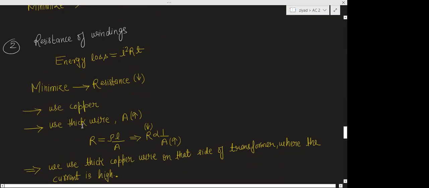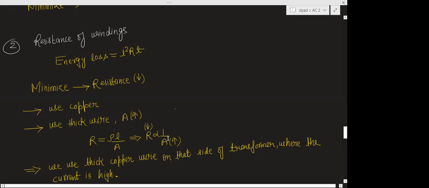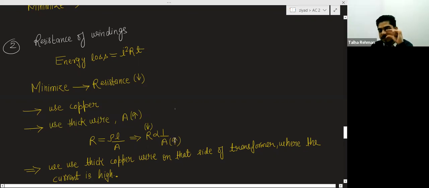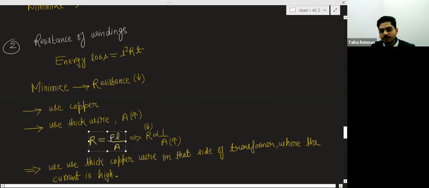So basically, we use thick copper, which means the area of the copper increases. Resistance is given by rho L by A. Rho is the resistivity of copper, which is very less.